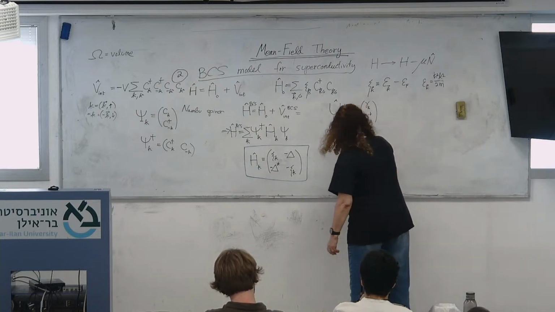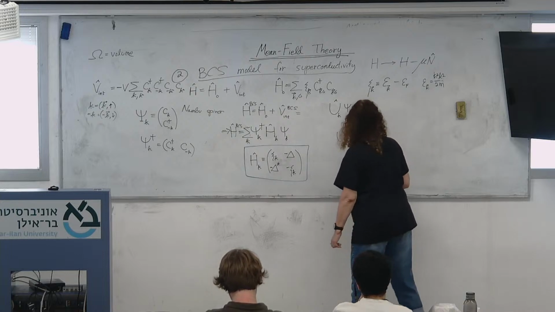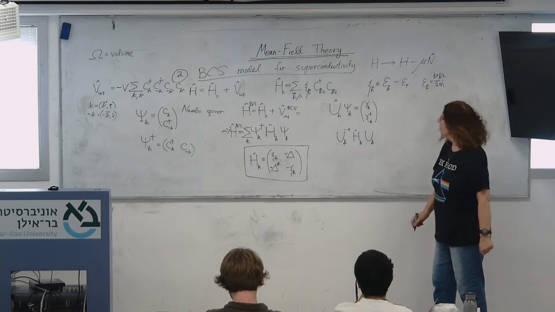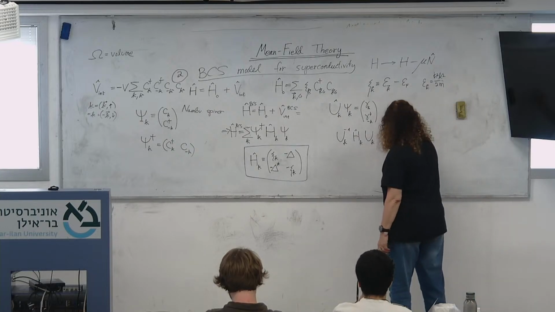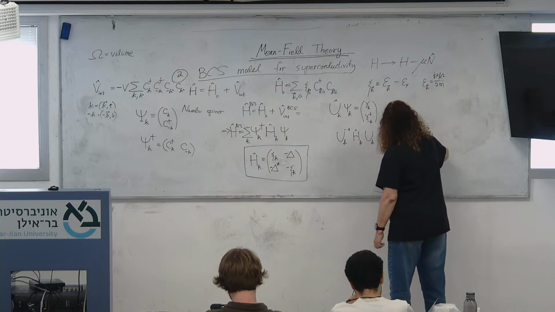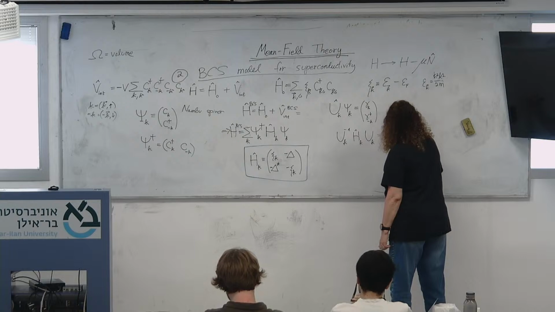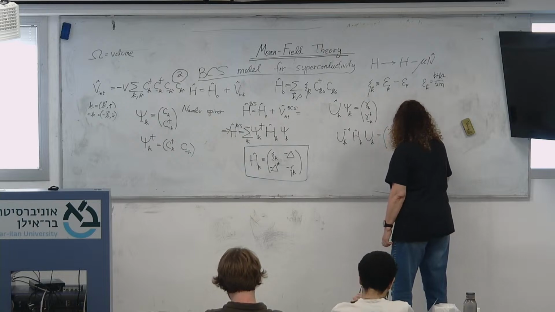Namely, U_k minus 1 times H_k times U_k, if I apply it on both sides, will give me a diagonal matrix, and it will have the following form. So let me first write it like this, okay?